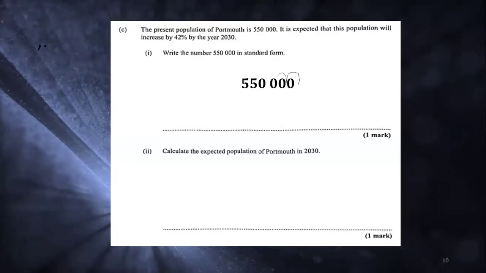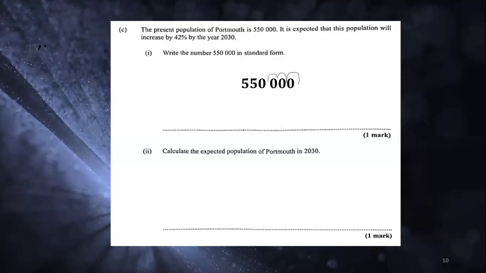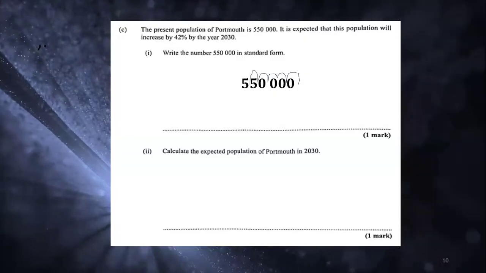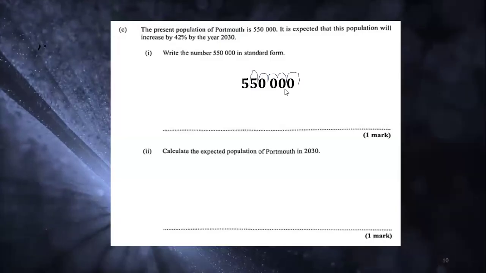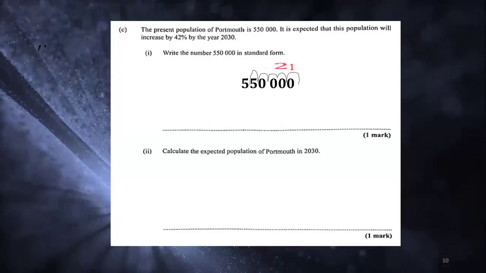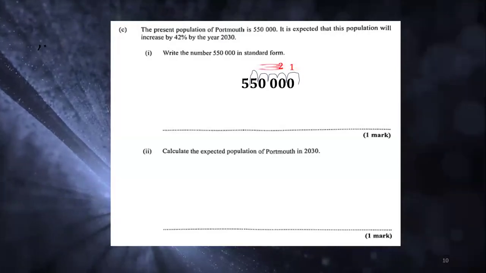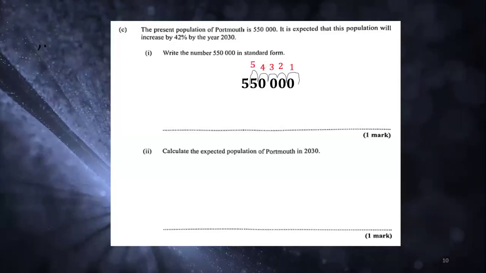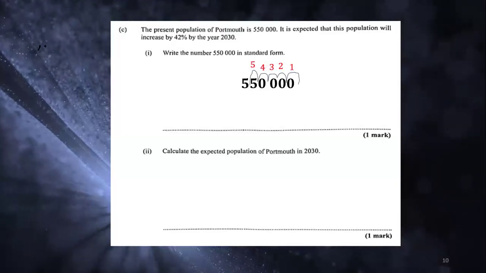1, 2, 3, 4, and 5. For each jump, we count each jump. 1, 2, 3, 4, 5, which is the same number that we just got.